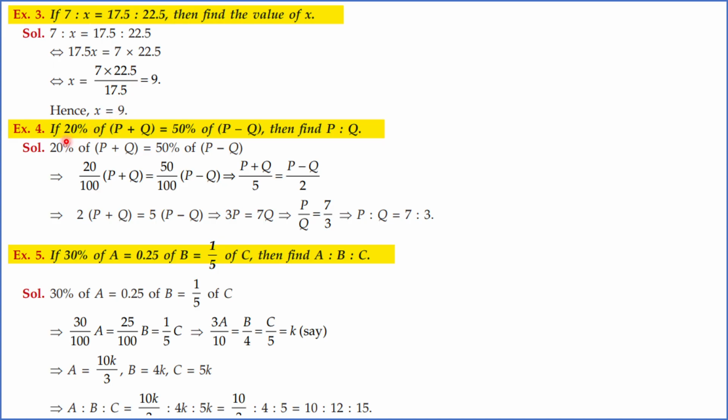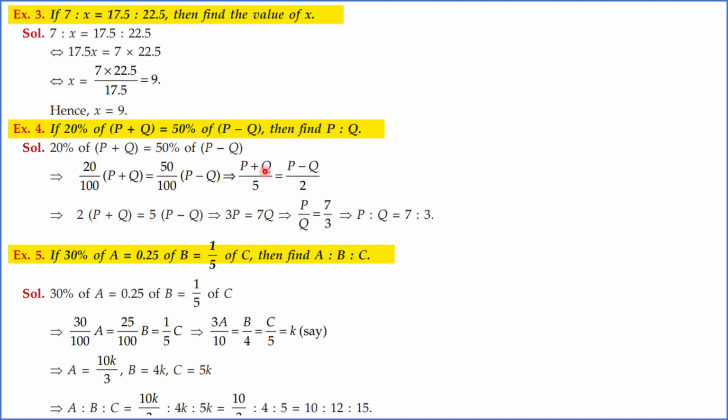If 20% of (p plus q) is equal to 50% of (p minus q), then find p is to q. Given 20% of (p plus q) is equal to 50% of (p minus q). That implies 20 by 100 (p plus q) is equal to 50 by 100 (p minus q).